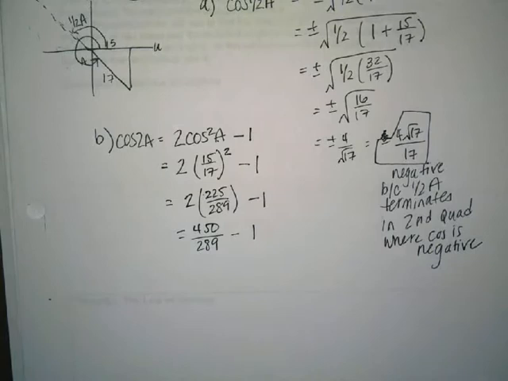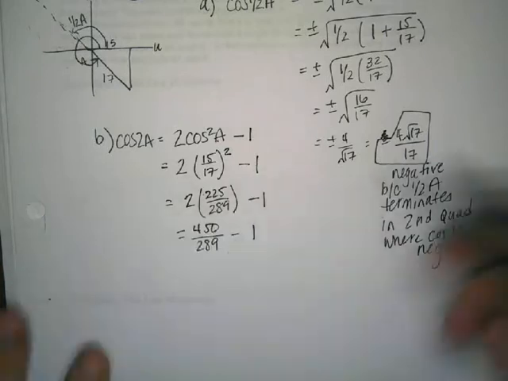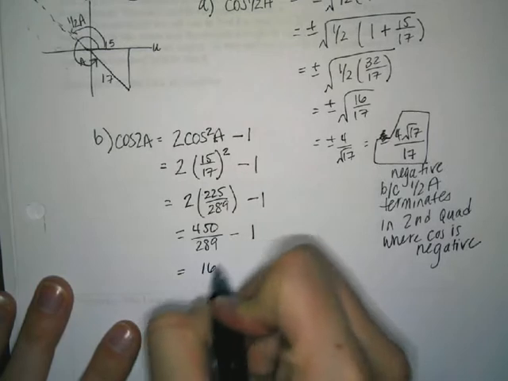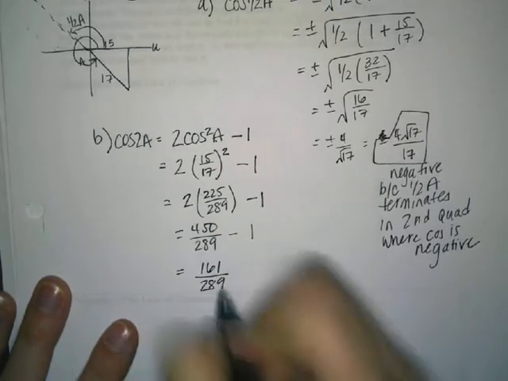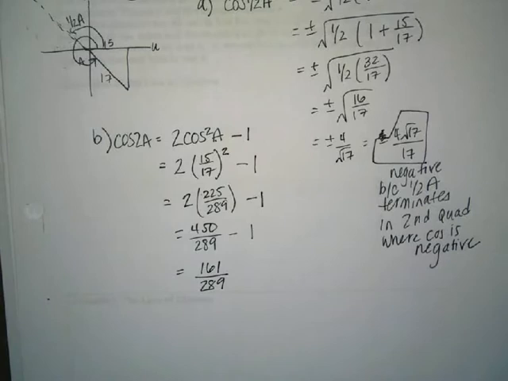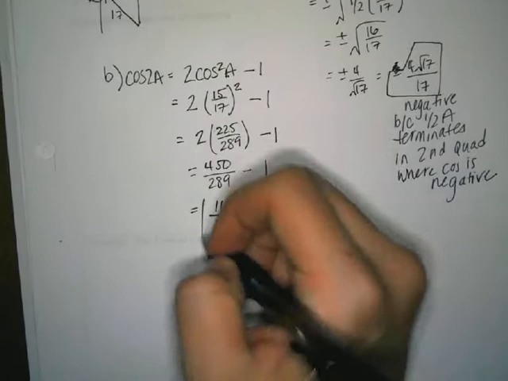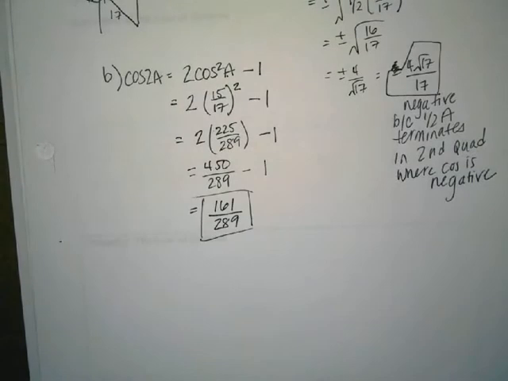So 450 minus 289 would be 161. So it's 161 over 289 when you subtract. This is the answer that I would expect to see. If you can reduce, do it, but normally you can't reduce at this point. I don't want you to punch it out to a decimal.